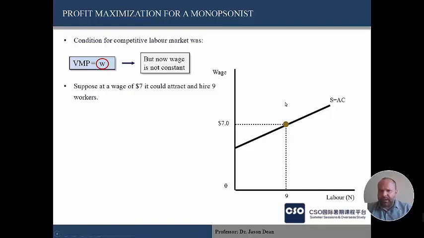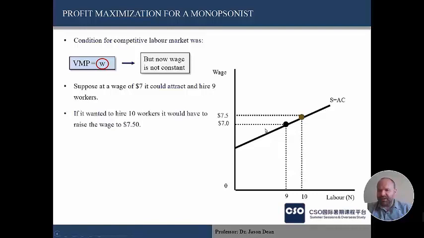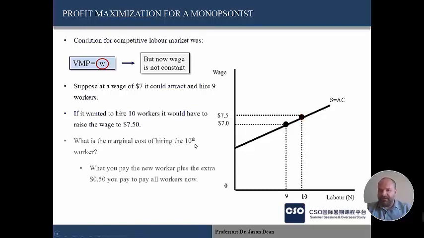Now, if this firm wanted to hire an additional worker, say 10 workers instead of 9, the supply curve would tell us that the wage would have to be increased to $7.50. So they need to increase it 50 cents to attract that last unit of labor, but they got to pay everyone $7.50.